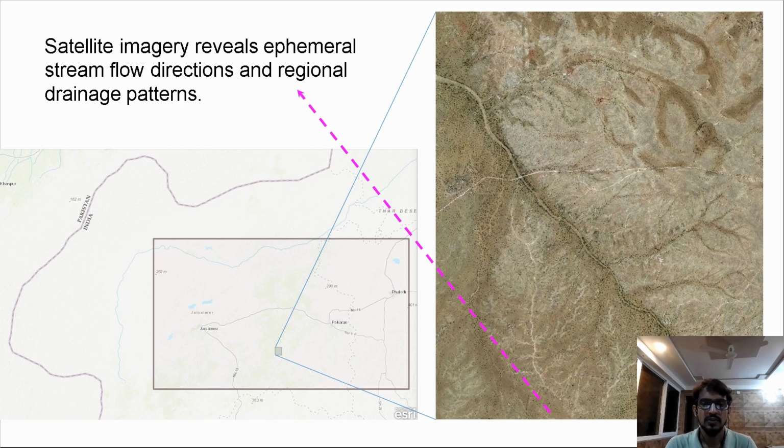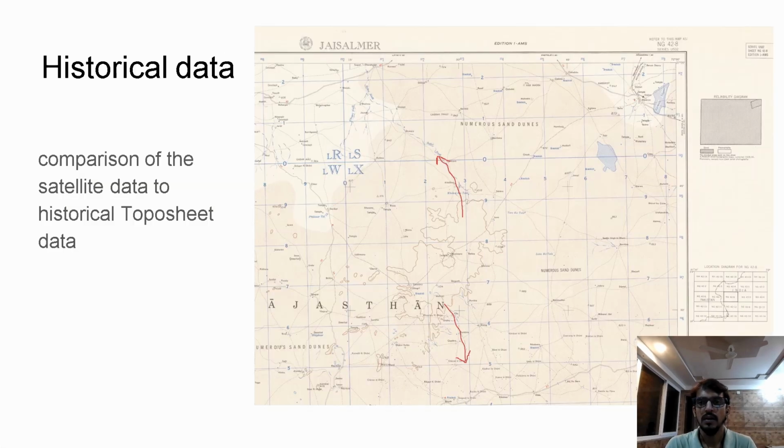Again, it shows that the stream is flowing from southeast to northwest. In the historical topographic map, we also found that the streams were active in the northwest direction, although there are a few away from this area which are in the southeast or south direction.